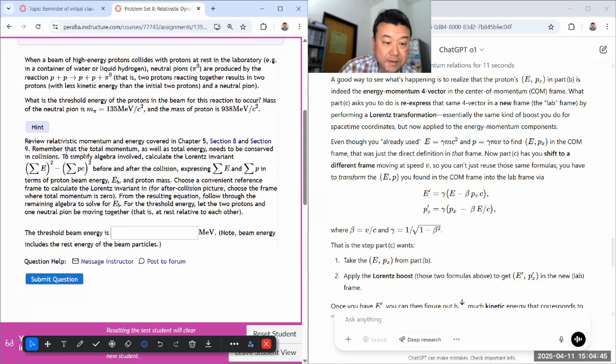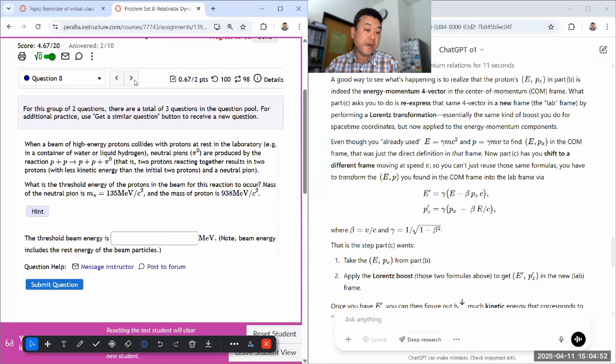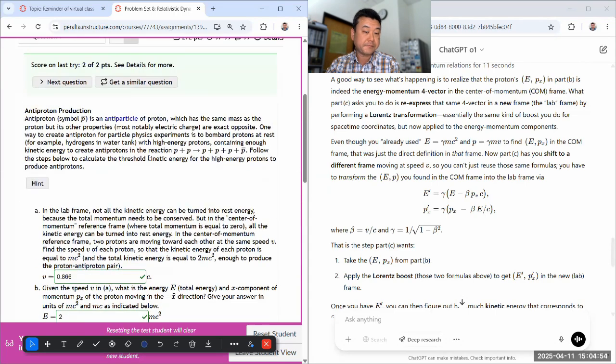But the hint I'm giving is the Lorentz invariant. You can do it that way. That's a one step thing, but you can also break it out this way.